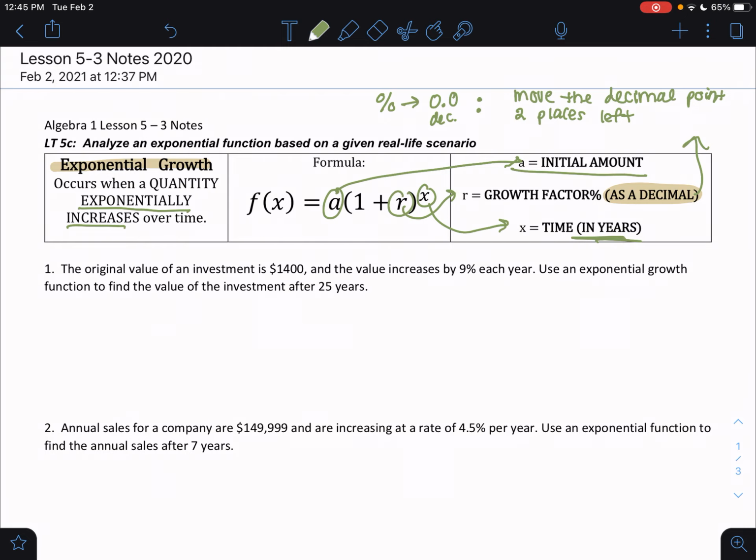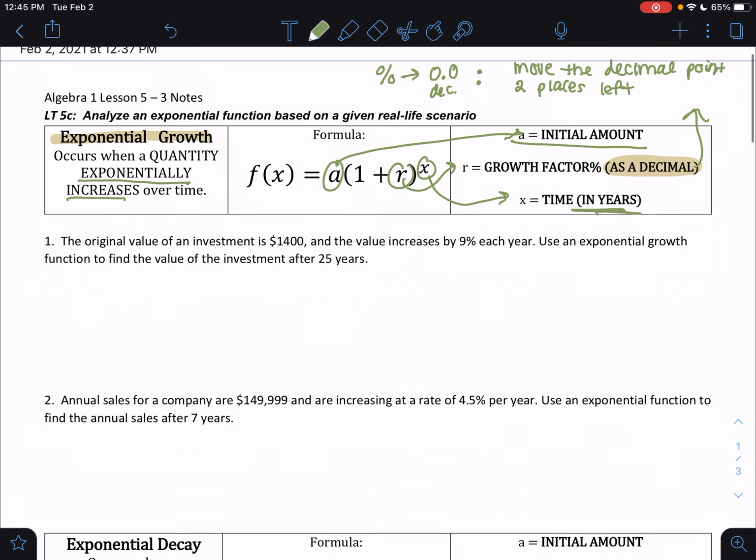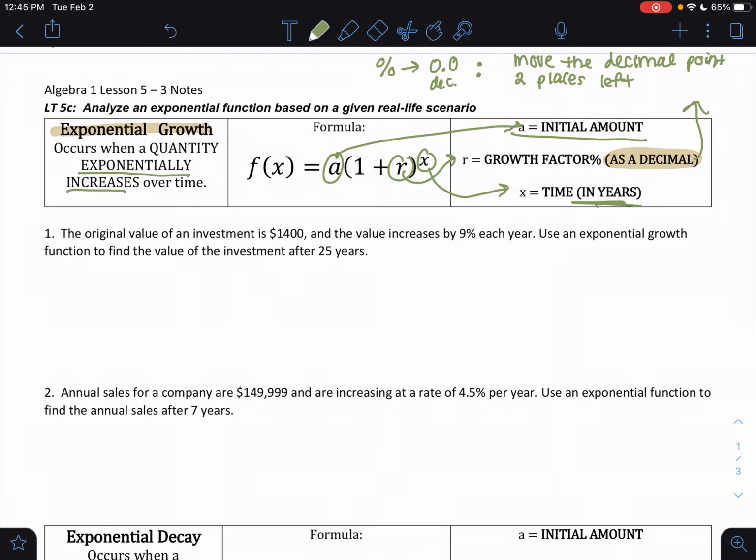And so we're going to use this in practice with number 1. So the original value of an investment is 1,400, and it increases by 9% each year. So we need to use an exponential growth function to find the value of the investment after 25 years. So what I like to do with these problems is to circle or box in important information that's going to help me solve it.